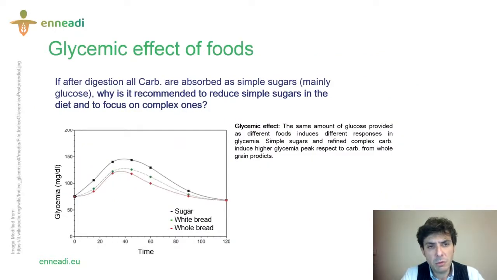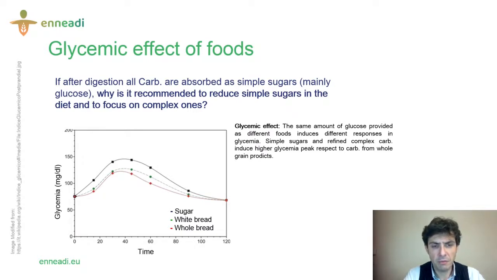But if after digestion almost all carbohydrates are absorbed in the form of glucose, why is it so recommended to reduce simple sugars in the diet and focus our attention in the diet on complex sugar?